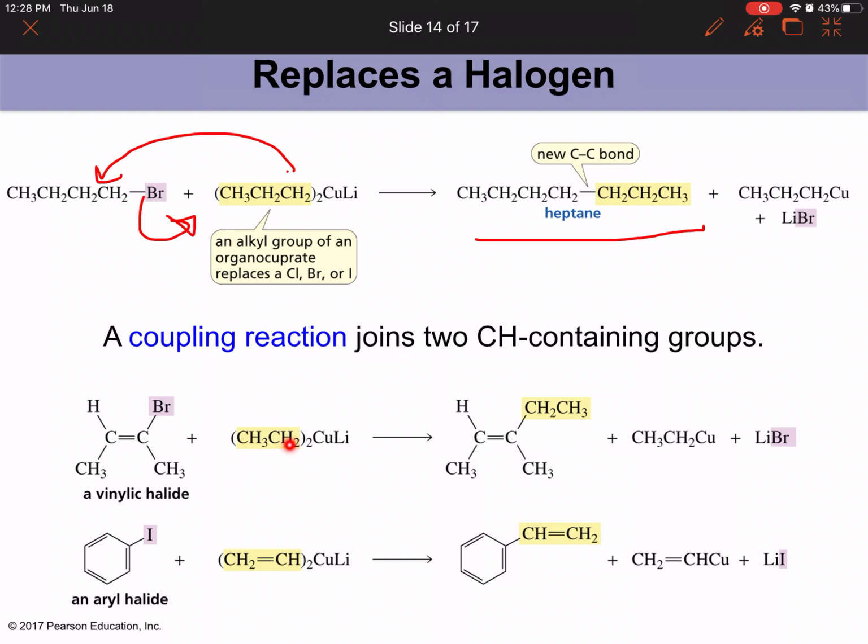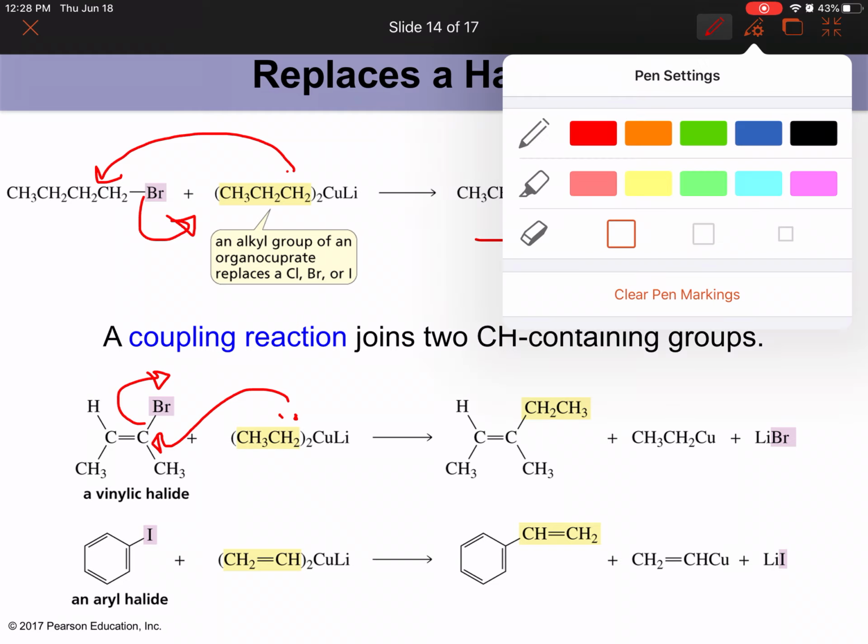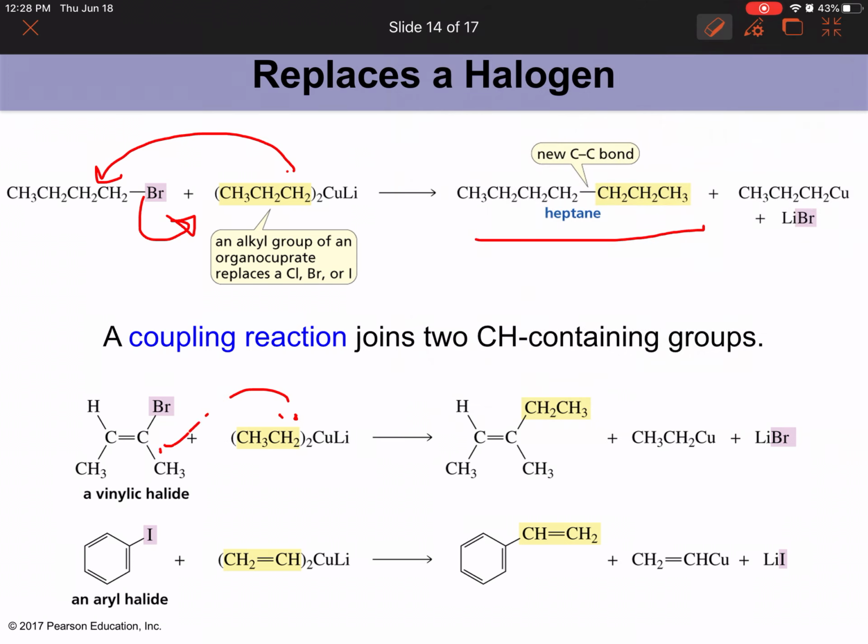So these ethyl groups now replace the bromide group, giving us this new compound. One of the carbons goes here and then leaves bromide. That's how it happens, and then the same thing for the other one.